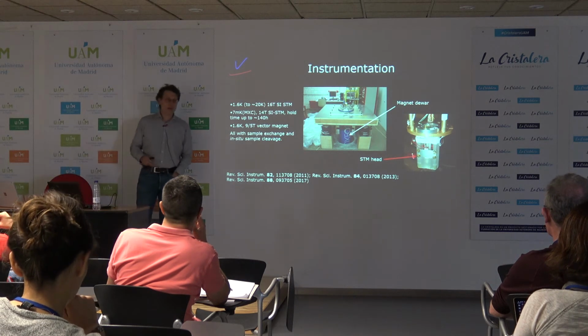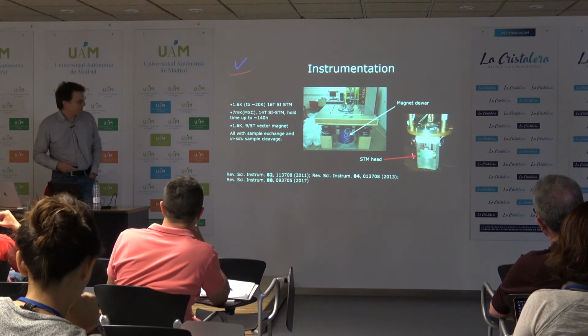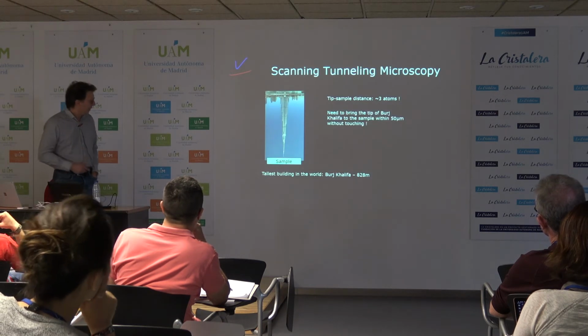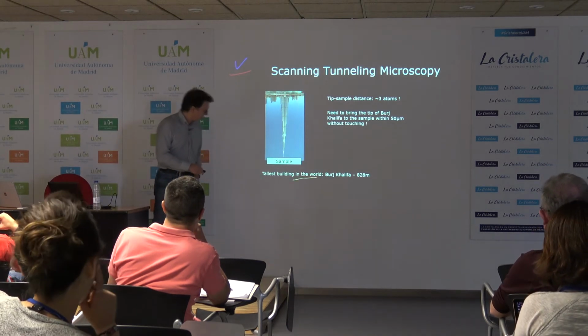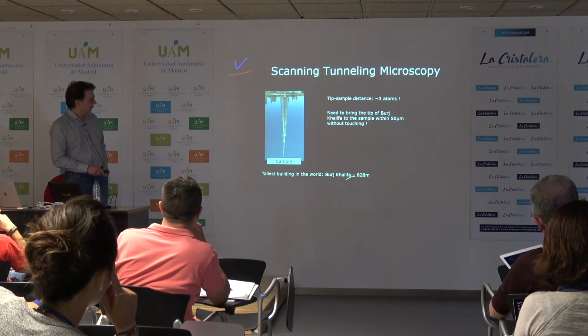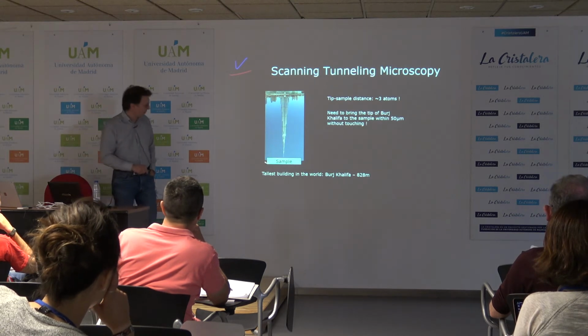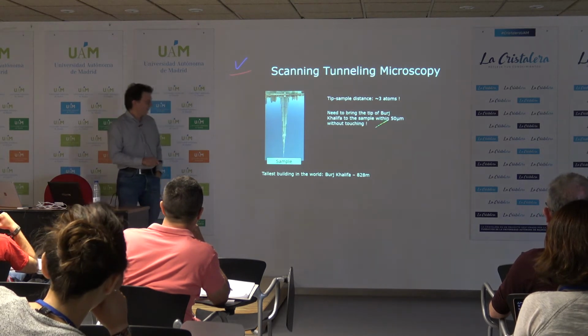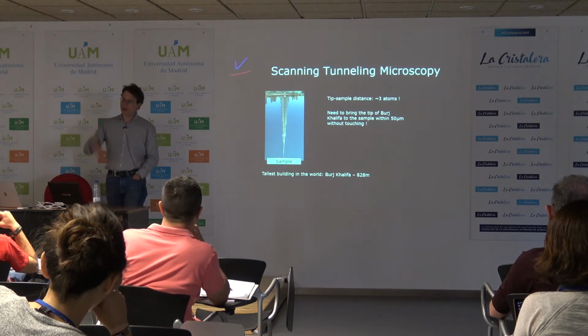If you wonder why we need such a complicated building to do scanning tunneling microscopy, well, you can think by scaling it up. If you think about the tallest building in the world, that's Burj Khalifa, I think, still, which is 828 meters high. If you scale that from the size of the STM tip, you would have to bring the sample within 50 micrometers of the tip of that tower, and without it touching, right?